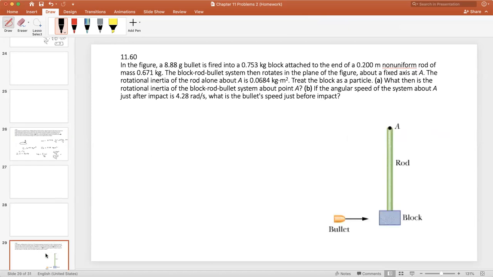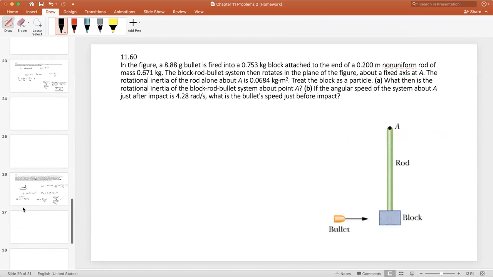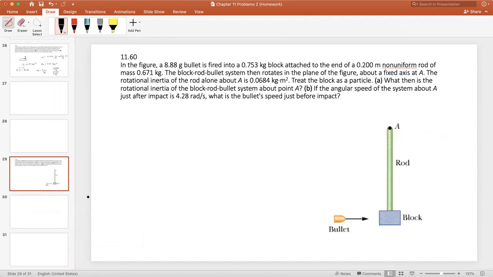Okay, final problem. We've done this before as a ballistic pendulum, but we're going to make sure that we understand it from the point of view of moment of inertia, instead of just energy. So in this figure, we have a bullet with a mass of 8.88 grams, and we have a block with a mass of 0.753 kilograms.